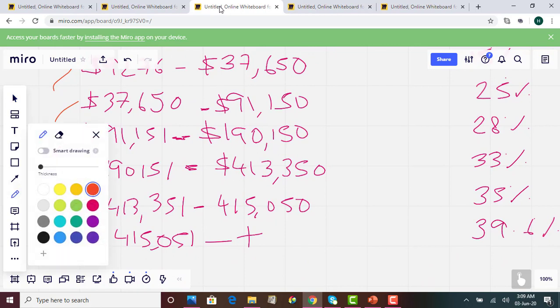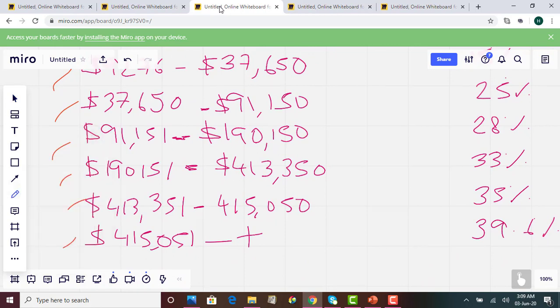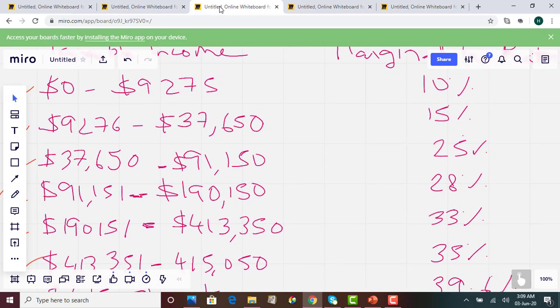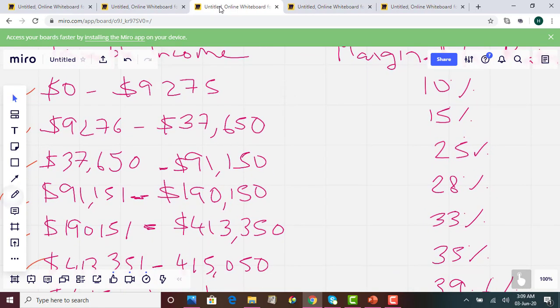So there are 7 tiers of income, and at each level your marginal tax rate is different. And as your income is going up, your marginal tax rate is also going up. So this type of taxation is called progressive taxation. Your tax rate is going up with your income, and this is for a single.